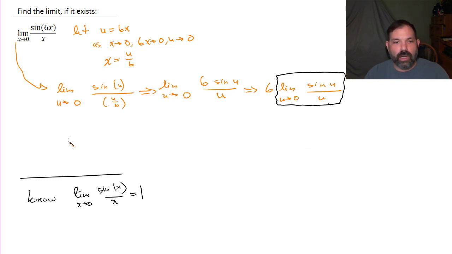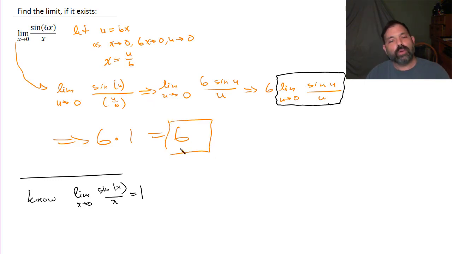And so this limit becomes 6 times 1, which is 6. So if we have some limit involving a sine of a quantity over that same variable, we might need to use a substitution to make it happen.